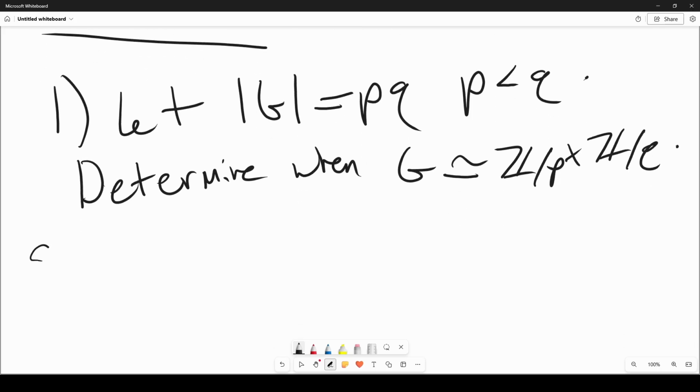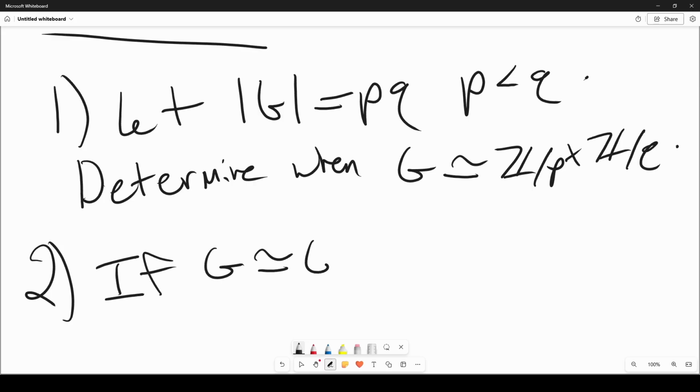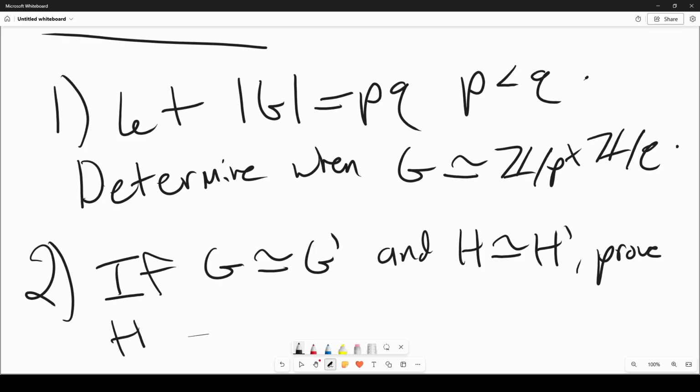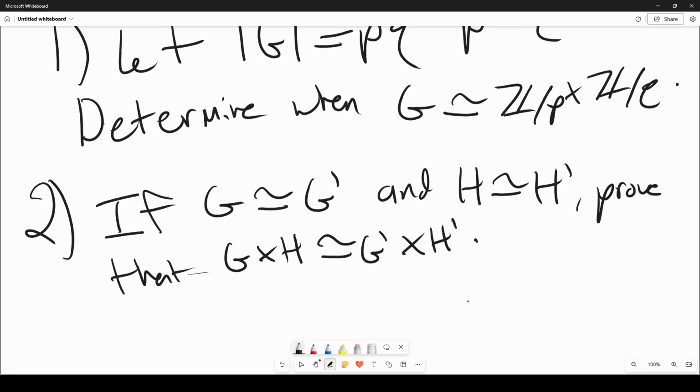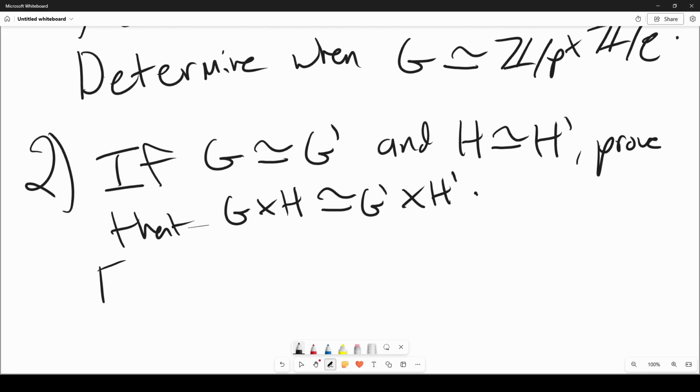And then the second exercise: if G is isomorphic to G prime and H is isomorphic to H prime, I want you to prove that G cross H is isomorphic to G prime cross H prime. On top of that, I want you to find a counterexample to the converse of this.